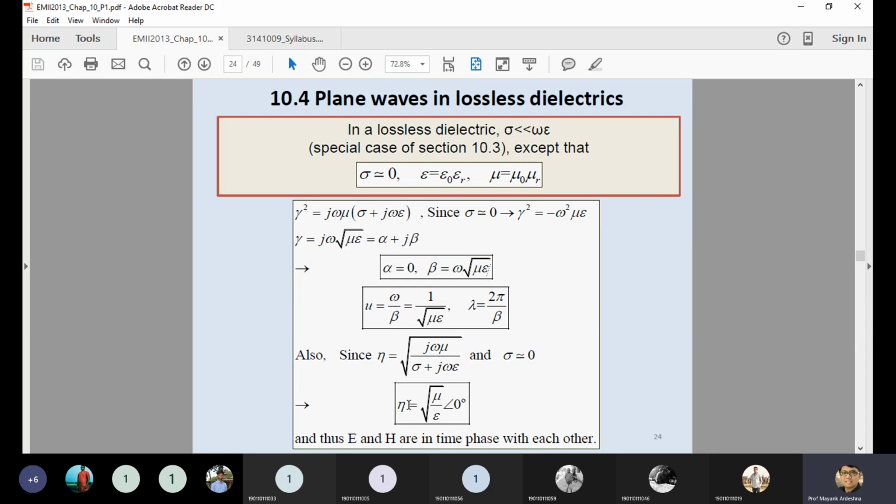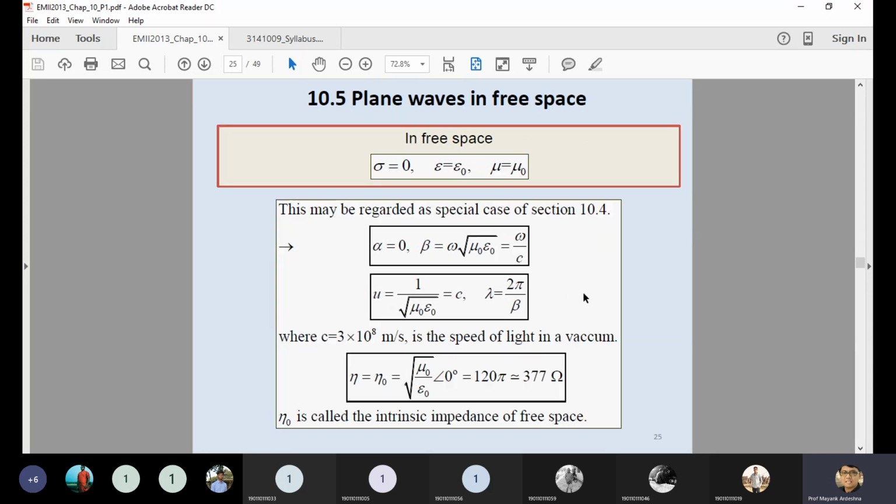This is the way to derive the intrinsic impedance. In the same way, if you are transmitting the same signals in free space, you already know that in free space the conductivity is 0, mu is equal to mu 0, and epsilon is equal to epsilon 0, which are the free space permeability and permittivity.